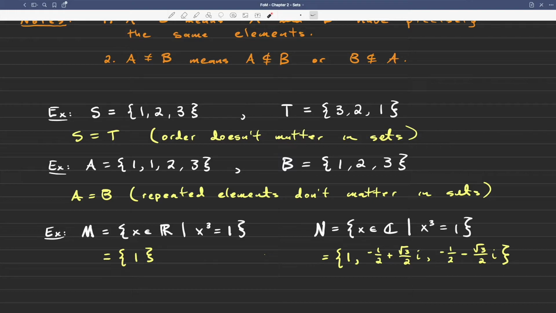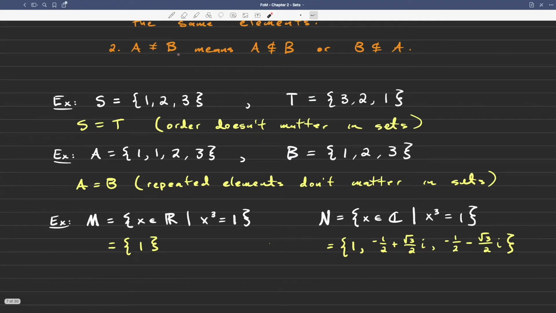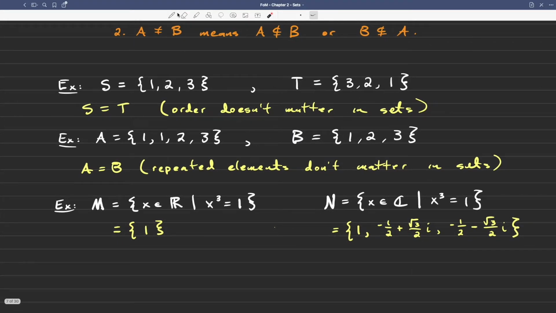So by expanding the universal set to include complex numbers, we actually end up with more elements of our set. The moral of the story here is that the universal set matters. We've already mentioned this before, so this is just another example of that phenomenon.